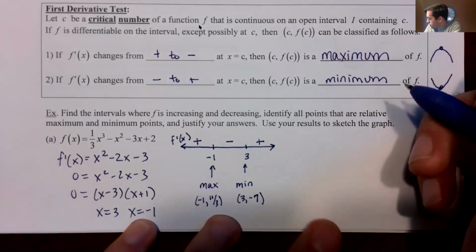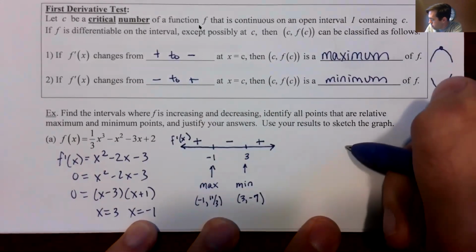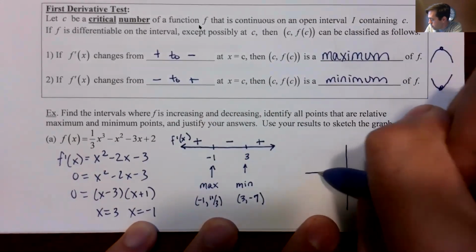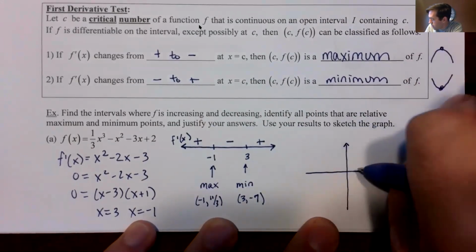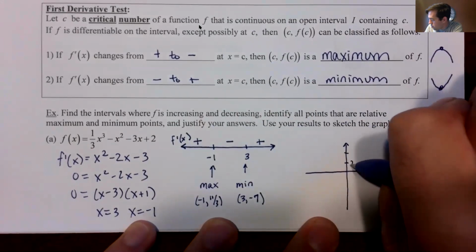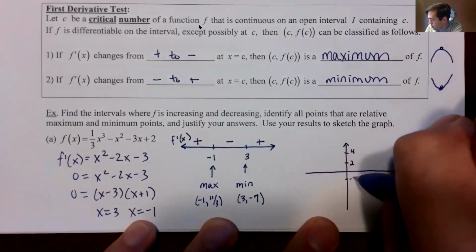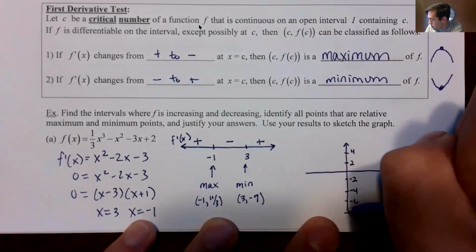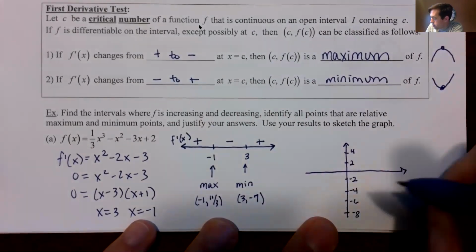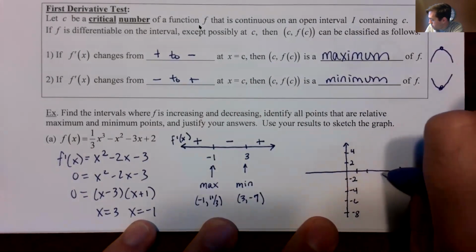So then if I sketch this, I'm going to count by 2's on the y-axis. And I'll just count by 1's on the x-axis.